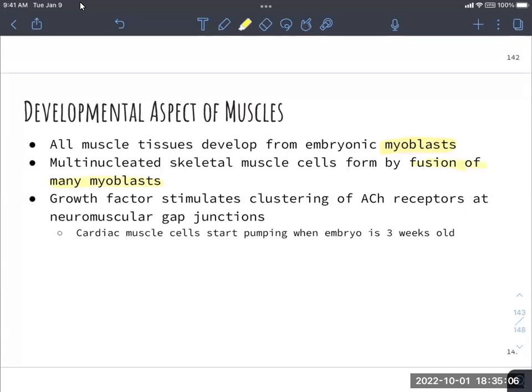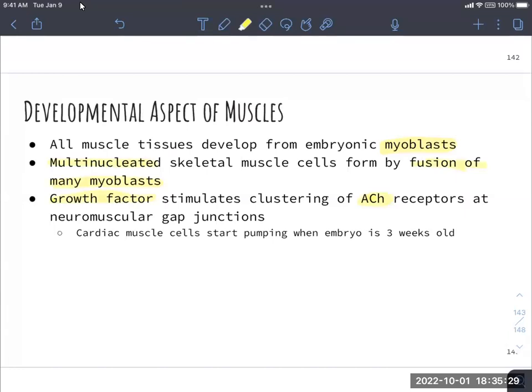That's what gives our cells that multinucleated appearance. We have a growth factor, and that's what stimulates those acetylcholine receptors at that neuromuscular junction that we went through in part 1.